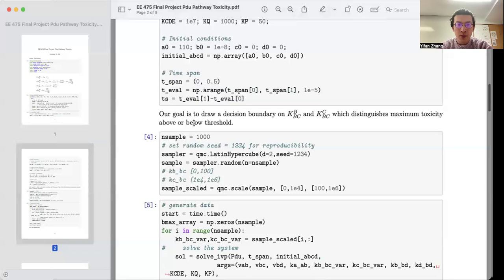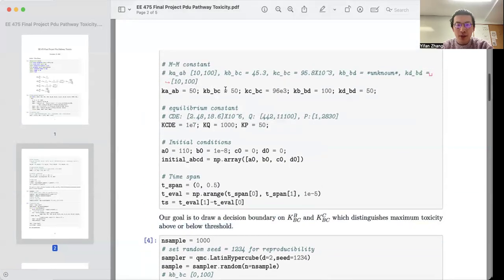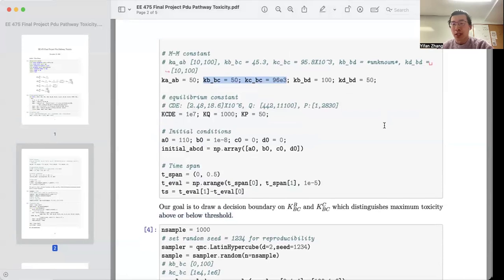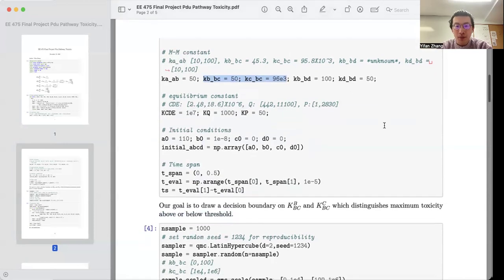And our goal for this machine learning project is to find if we can change these two Michaelis-Menten constants, is it going to give qualitatively the same behavior as we see from the actual experiment?